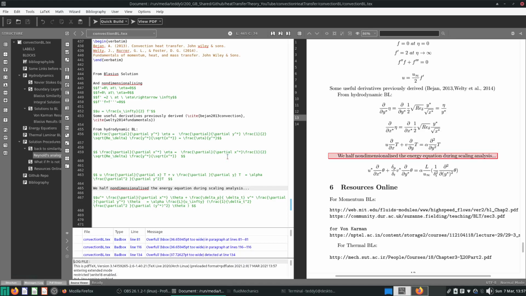So we will need to have some non-dimensional numbers, and then we will be able to see some order of magnitude analysis as well. Most of it has been non-dimensionalized already.